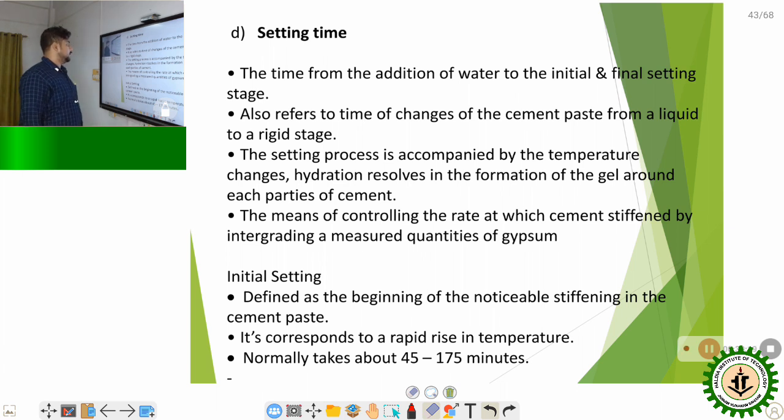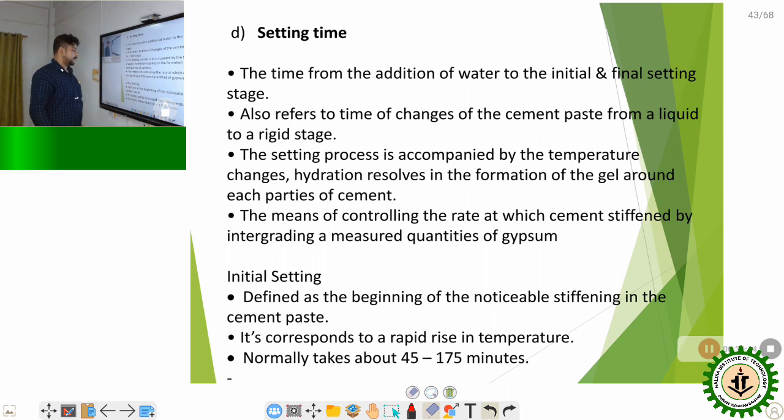The setting process is accompanied by temperature changes, and hydration results in the formation of gel around each particle of the cement. The rate at which the cement stiffens is controlled by adding a measured quantity of gypsum.